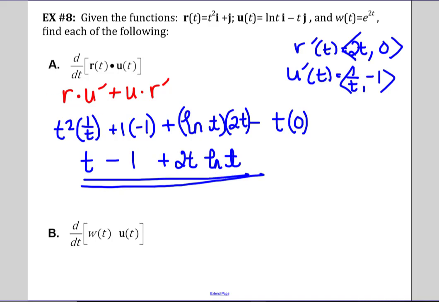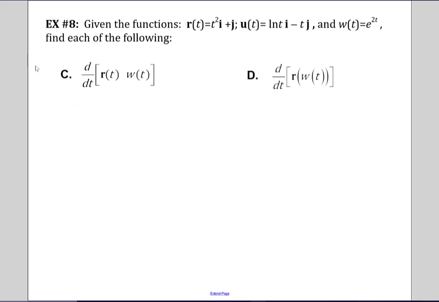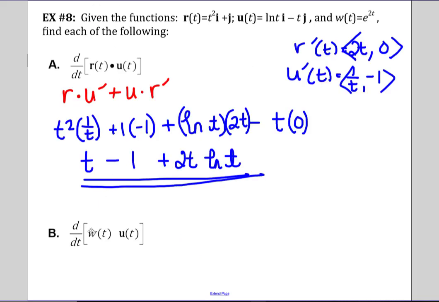In part B, we're taking the derivative of W times U of T. So this is the product rule for vectors. And the product rule for vectors is going to be W U prime plus U W prime.